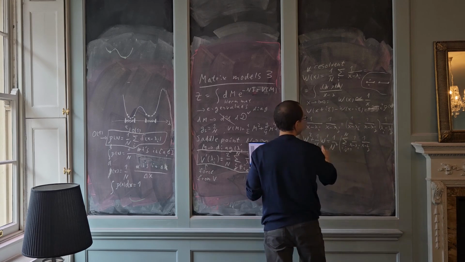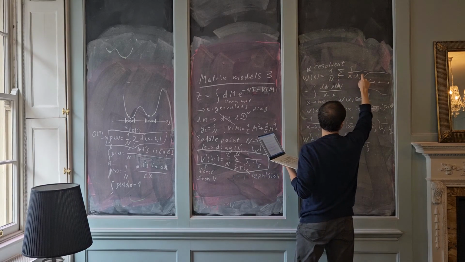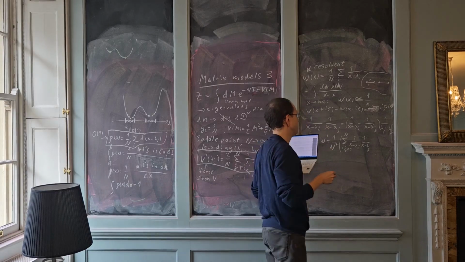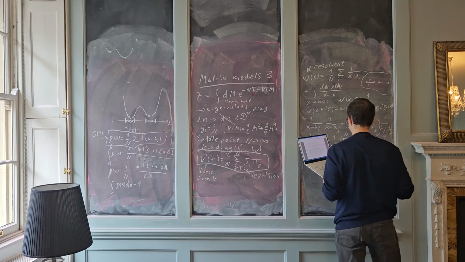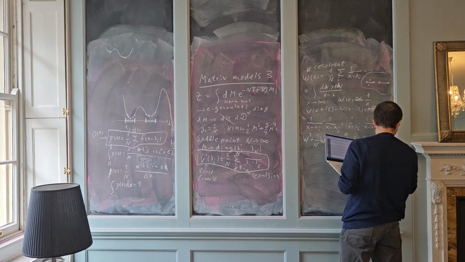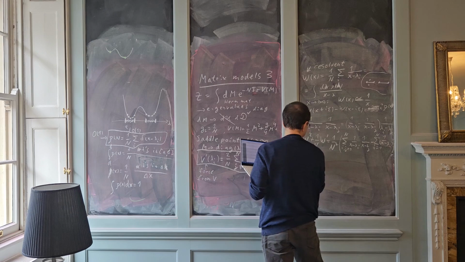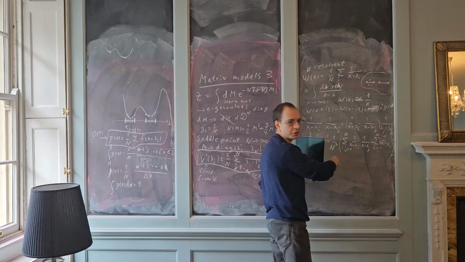Now w prime. When we differentiate this, we get a minus, and this thing will become squared. So let's write this: minus the sum over i equals 1 to n of 1 over x minus lambda_i squared. Now we can see that in the double sum there are terms with i equal to j and i not equal to j.